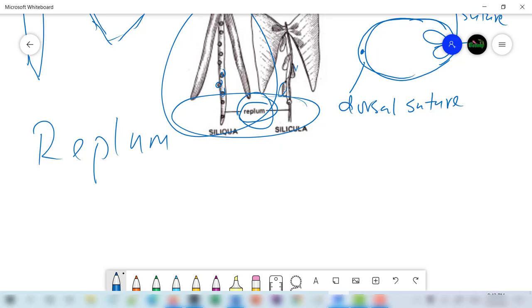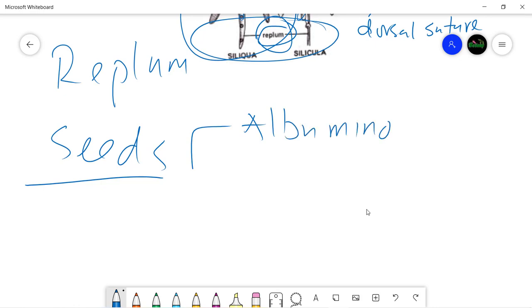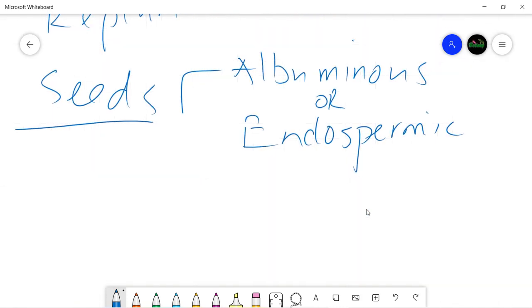So this was the discussion of the fruit, and finally the seed. The seeds of family Brassicaceae are albuminous, that is endospermic, and there are many seeds per fruit.